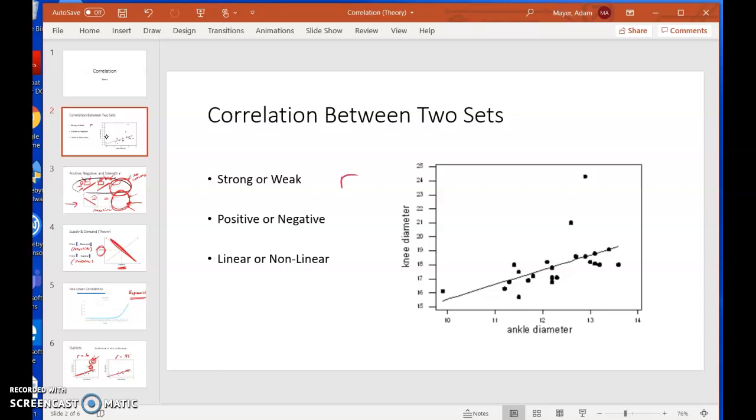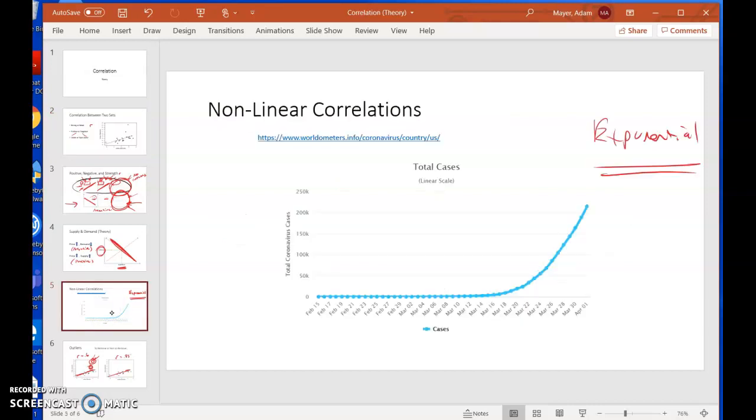We want that to be close to 1 or negative 1. We have this notion of positive or negative. In other words, trending up if it's positive, trending down if it's negative. And we can also have linear trends, but we can also have nonlinear trends like we saw with the coronavirus, a very scary, potentially exponential data set.